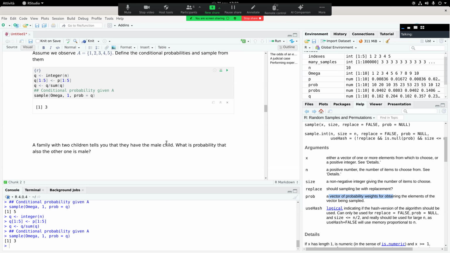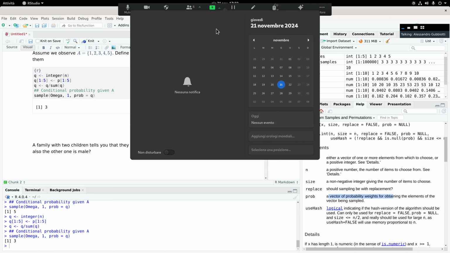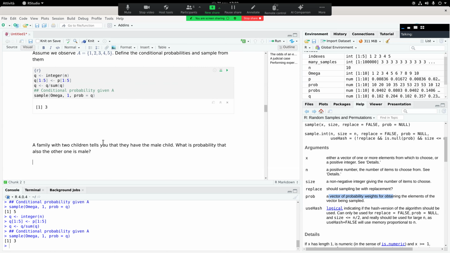You can do the computations actually. And the other question is the following. They tell you that their first child is a male.